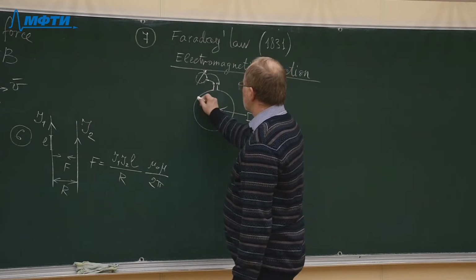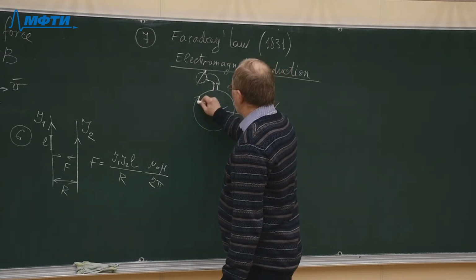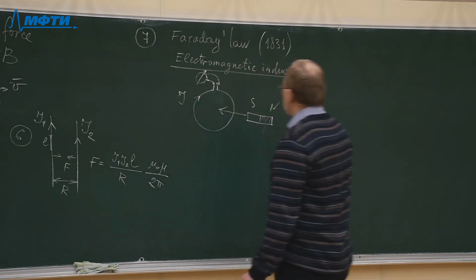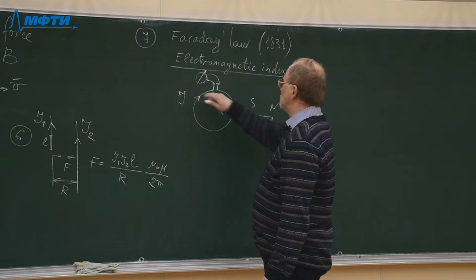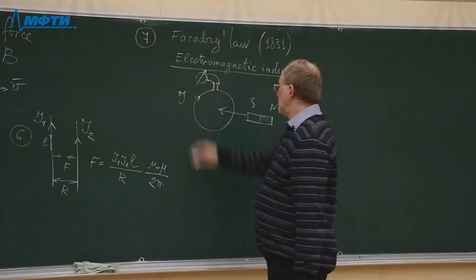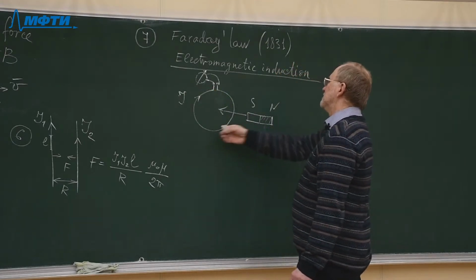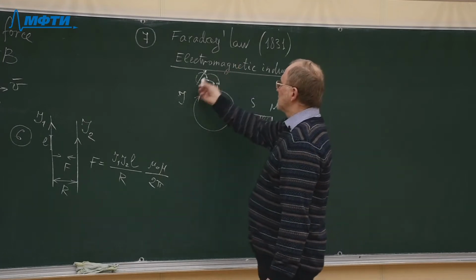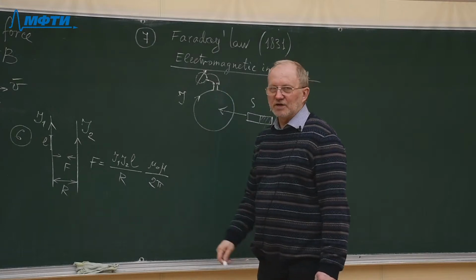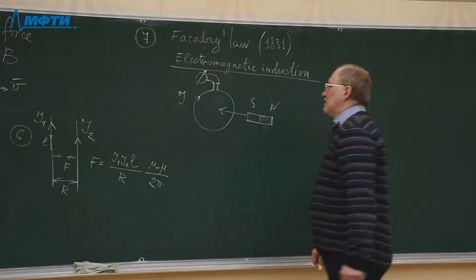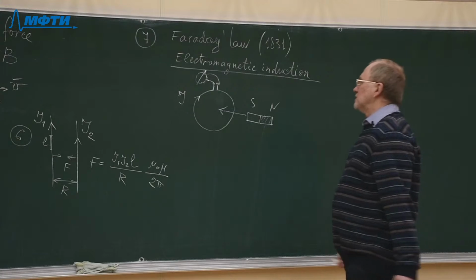There will be some current in this loop. If we stop the motion of the bar magnet, then no current will be shown again. And if we move the bar magnet in the opposite direction, then the galvanometer will show the oppositely directed electric current. So the general conclusion is this.